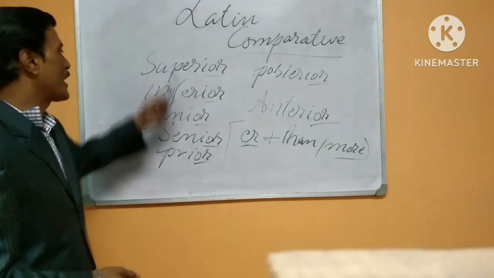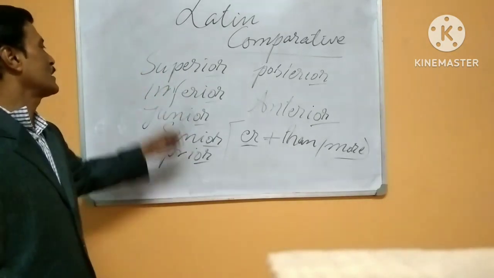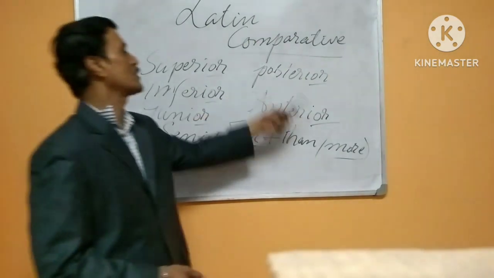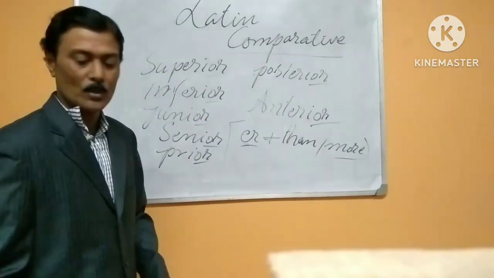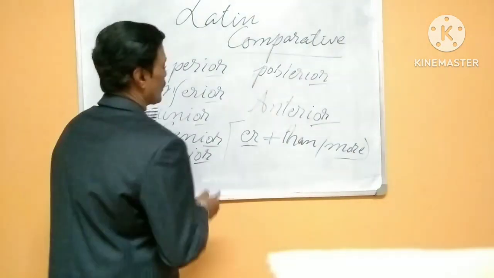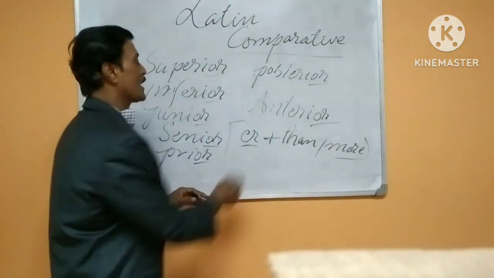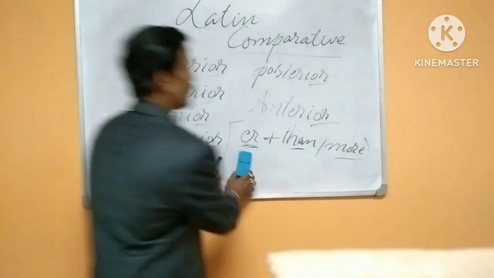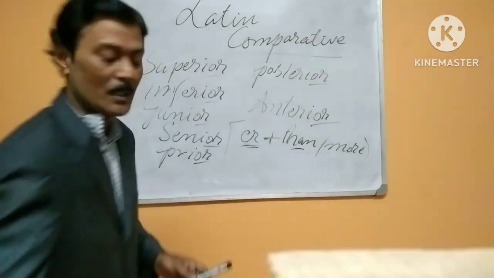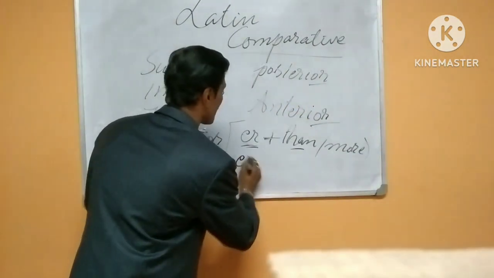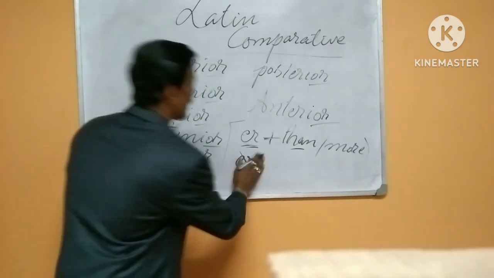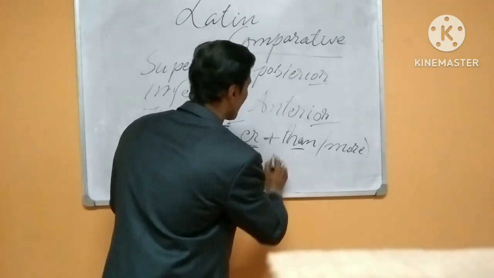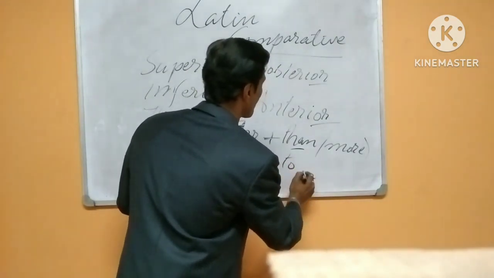Let's revise again: superior, inferior, junior, senior, prior, posterior, anterior. Whenever we make a comparative degree, we definitely use than, but whenever we make a Latin comparative, remember, not than. That changes: we definitely use to.